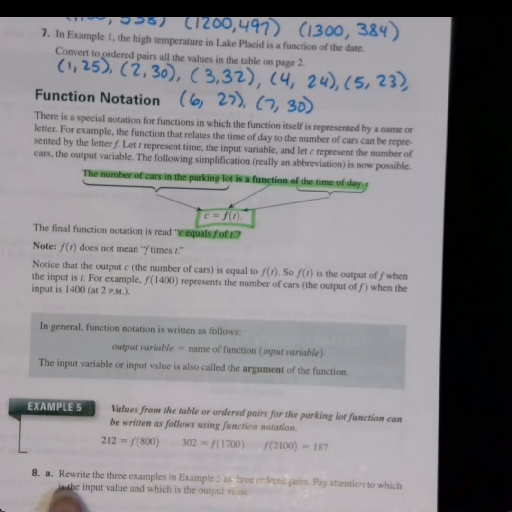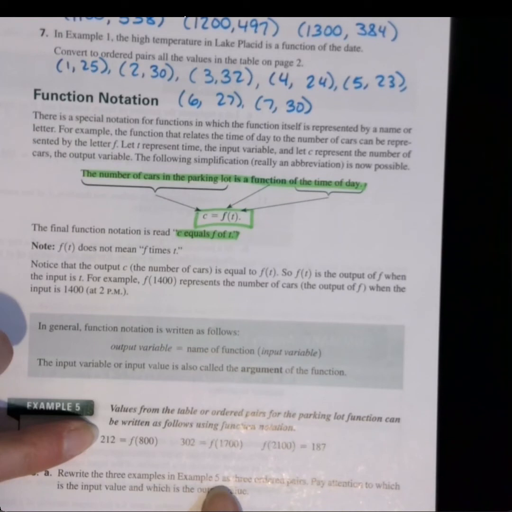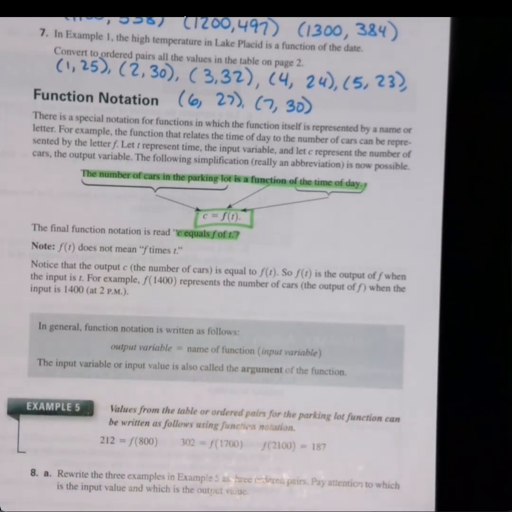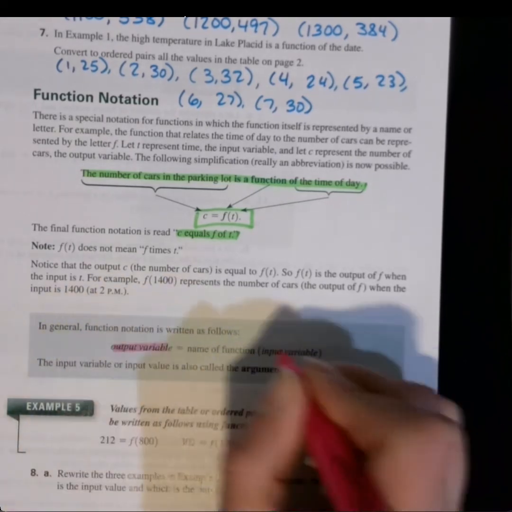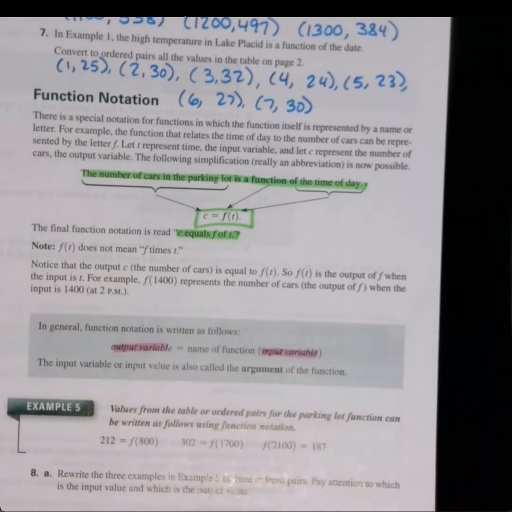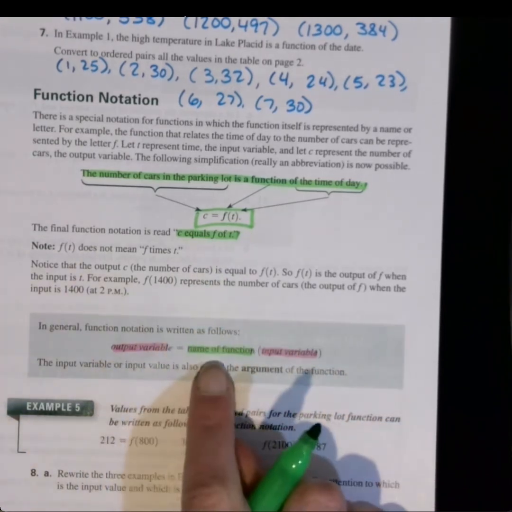So I want to rewrite the 3 examples in number 5 up here as ordered pairs. These ones are already in function notation. So when you are in function notation, the output is off by itself, the input is inside, and then the name of the function is our letter out front. So we have our output, name of the function, and our input.